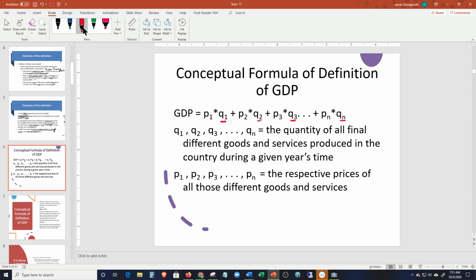Anyway, there are a lot of these goods, perhaps millions of them, if you start distinguishing haircuts and the different kinds of haircuts barbers give, we could expand this into millions.